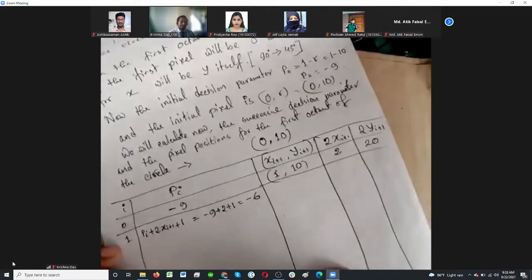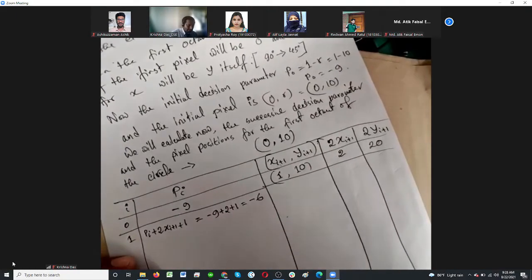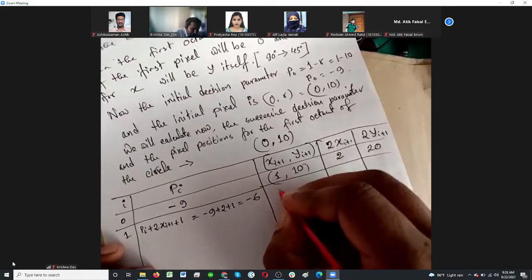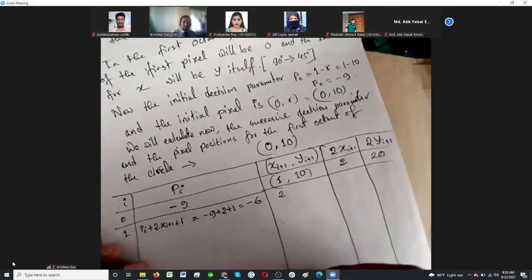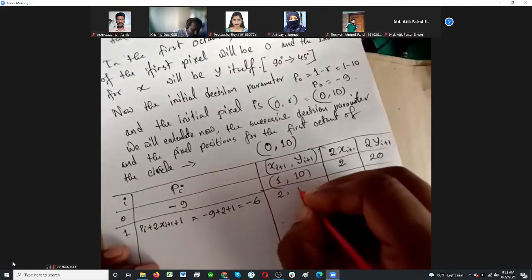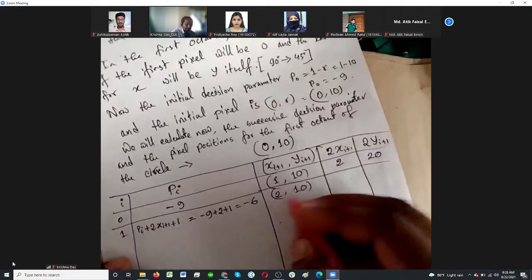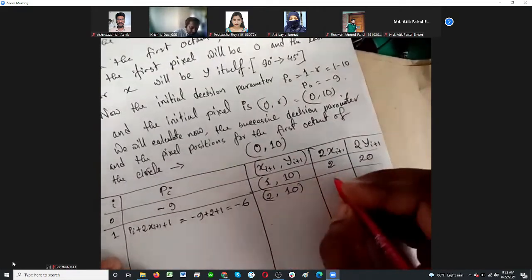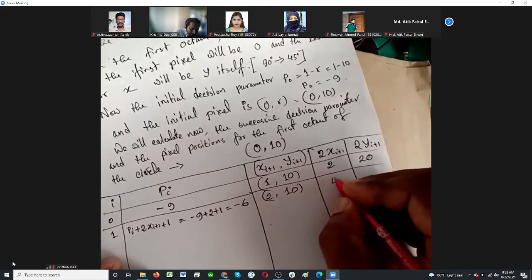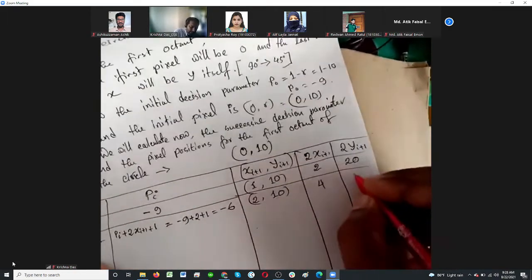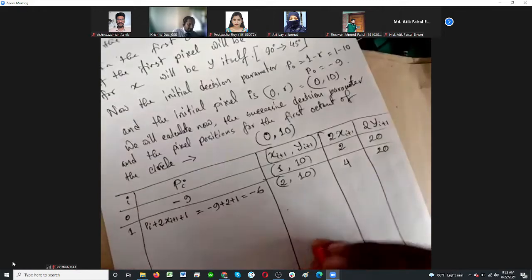Again we got negative, so x is incremented to 2, and y, 10, stays the same, so it is 2, 10. Doubling, 2 into 2 is 4, and 10 into 2 is 20 as it is, because it has not been changing.